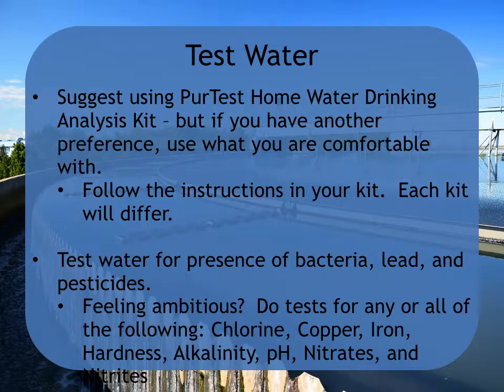Test the water for the presence of bacteria, lead, and pesticides. If you're feeling curious, you can also test levels of pH, phosphates, nitrates, nitrites, or any other metals. Pause the video now to discuss with others the effects of drinking water contaminated with bacteria, pesticides, or metals.